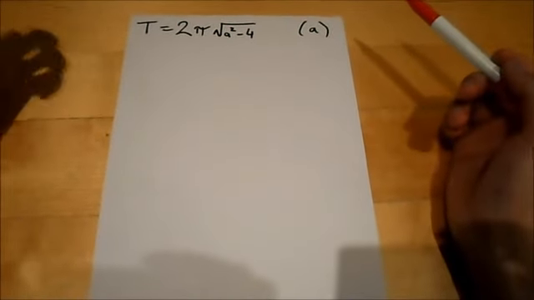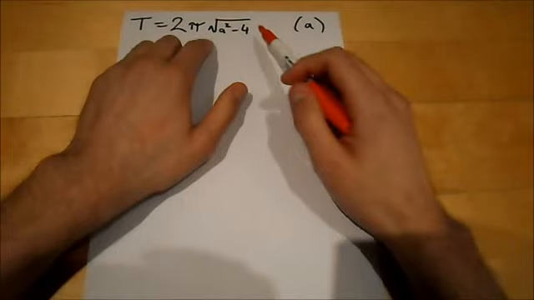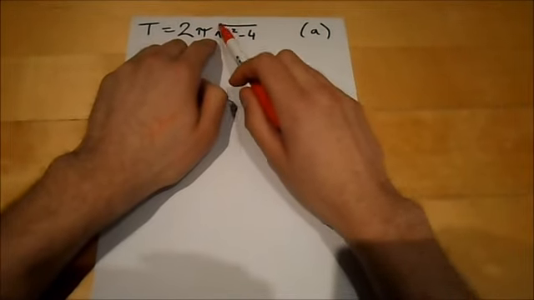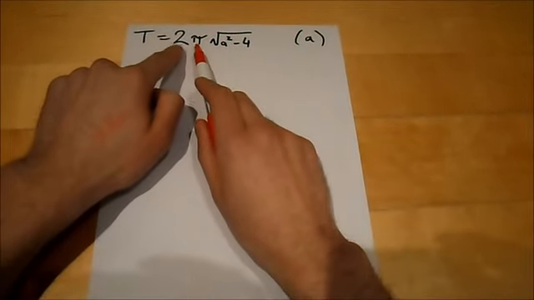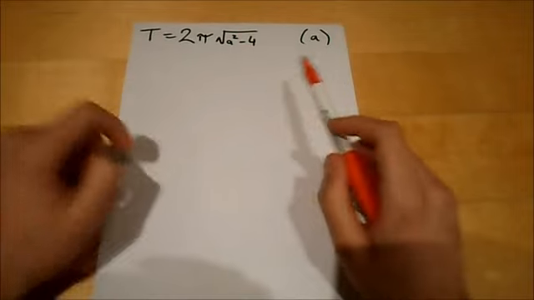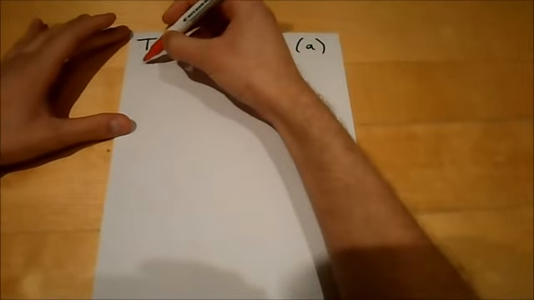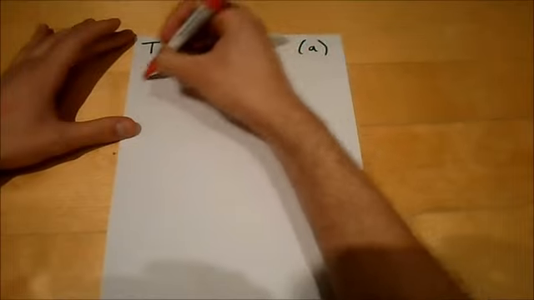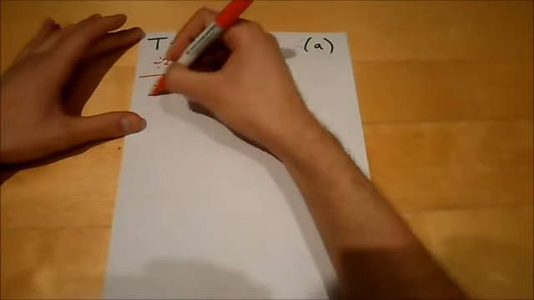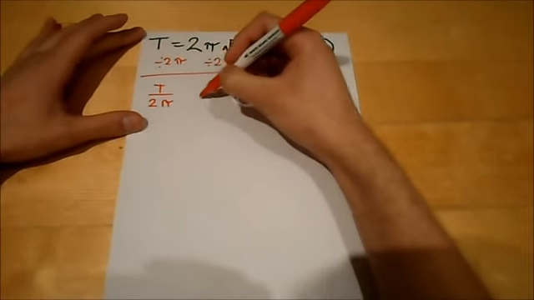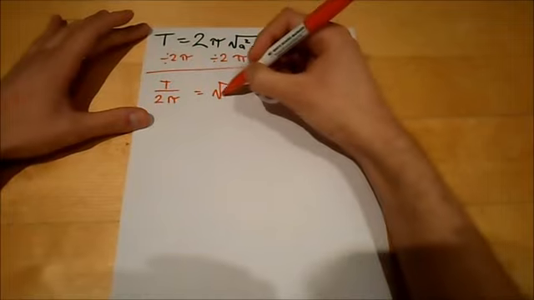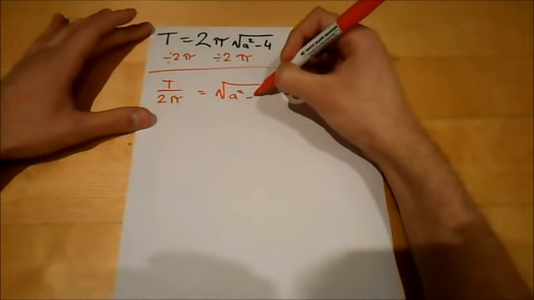Now, the first thing we're going to have to do is get rid of this 2 pi. We can't square it because it's not all being square rooted. But 2 pi is being multiplied by this square root, so we can divide by 2 pi. So what we'd get is t over 2 pi equals the square root of a squared minus 4.